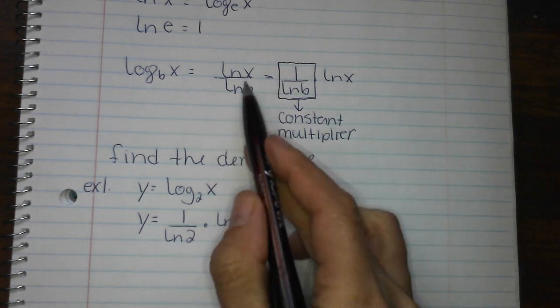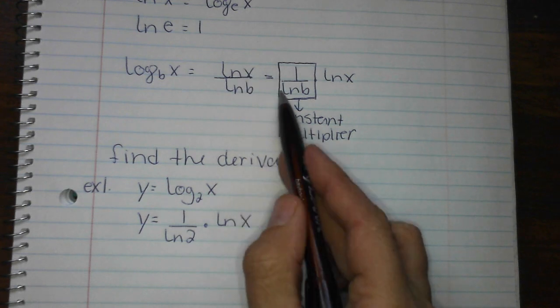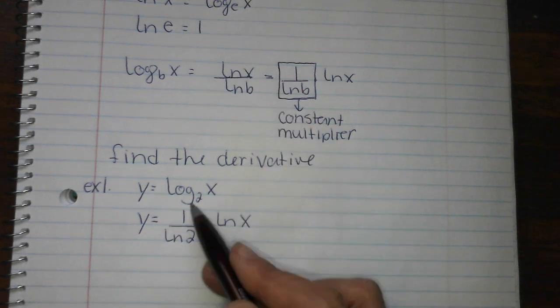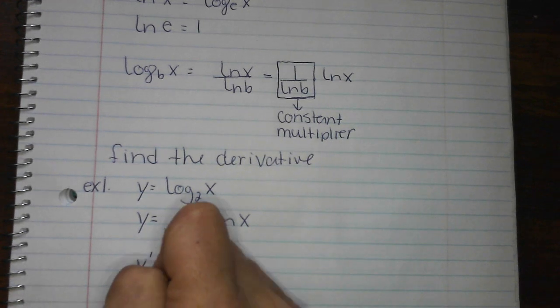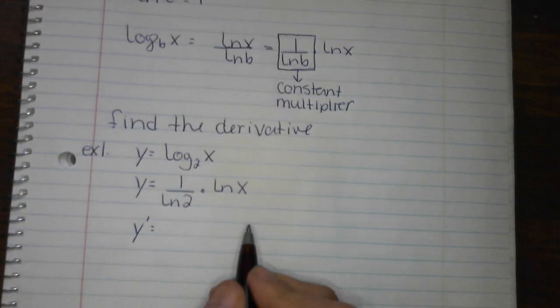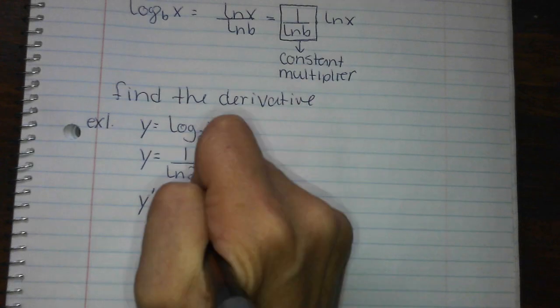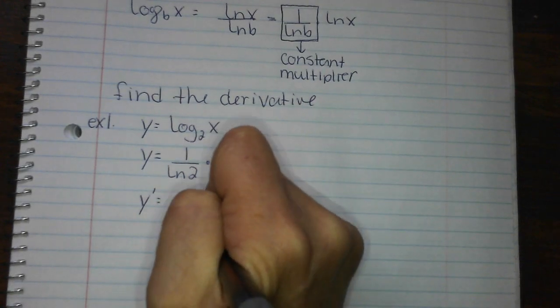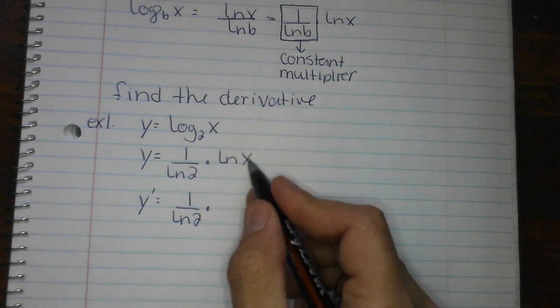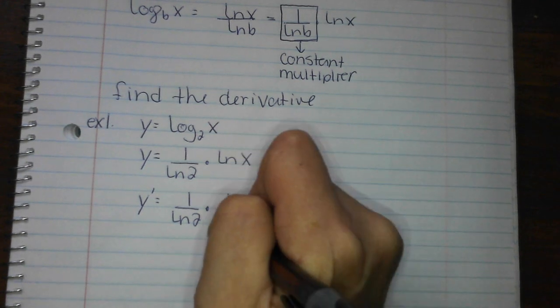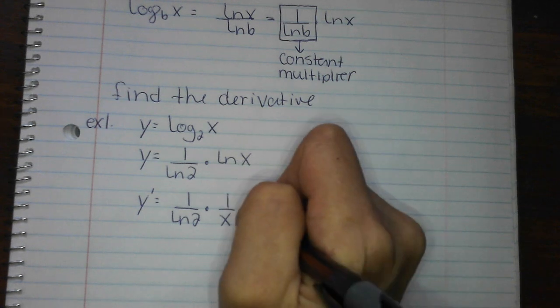So I'm pulling that natural log of x off to the side. I can see this is a multiplier, so I'm ready for derivative. Multipliers carry along. So I carry along the 1 over ln of 2. And then derivative here, derivative of a natural log is 1 over u times u prime. Derivative of x is a 1.